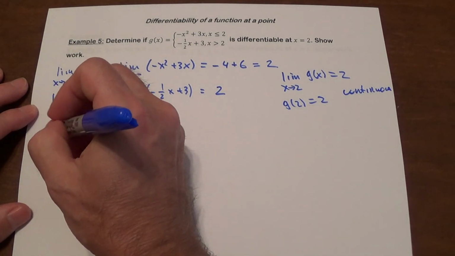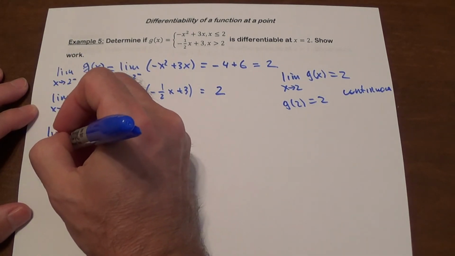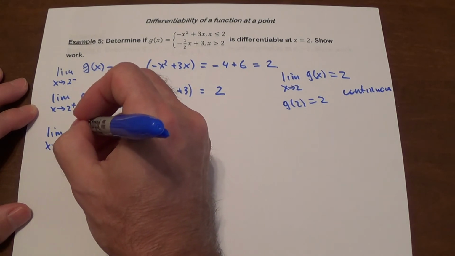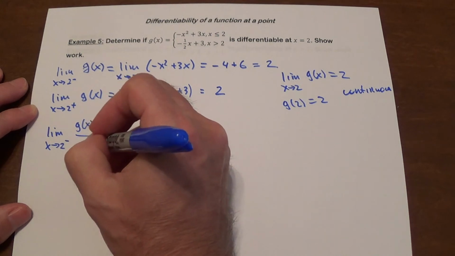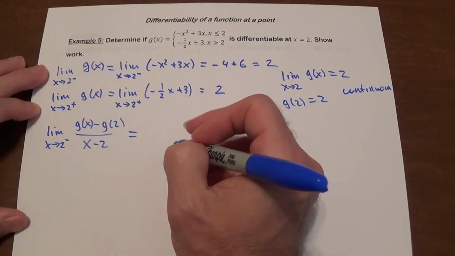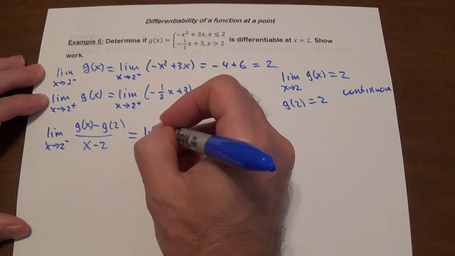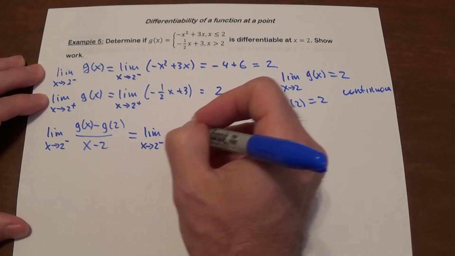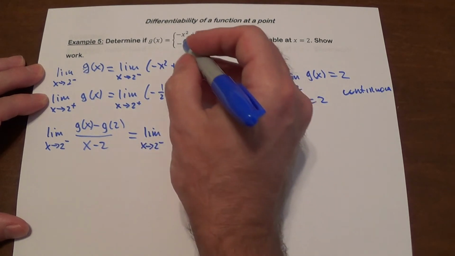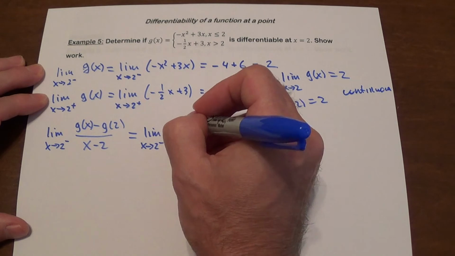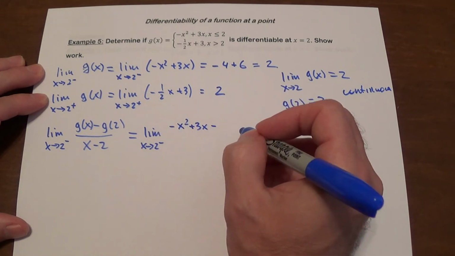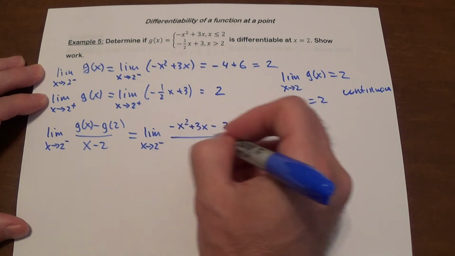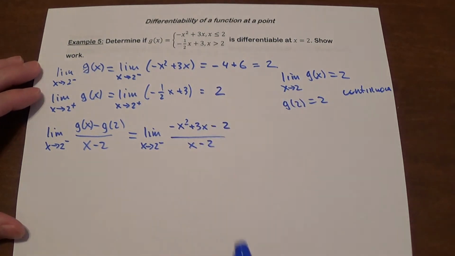So limit as x approaches 2 from the left of g of x minus g of 2 divided by x minus 2 is going to give us the limit as x approaches 2 from the left of negative x squared plus 3x minus g of 2, which is 2, divided by x minus 2.